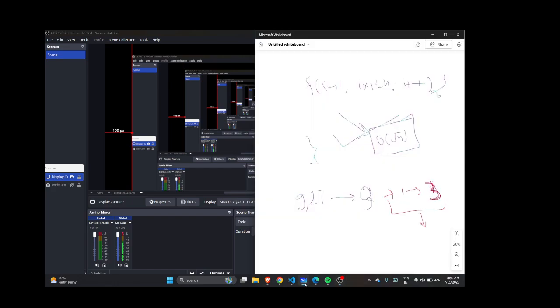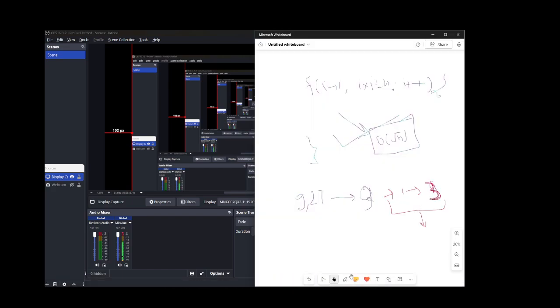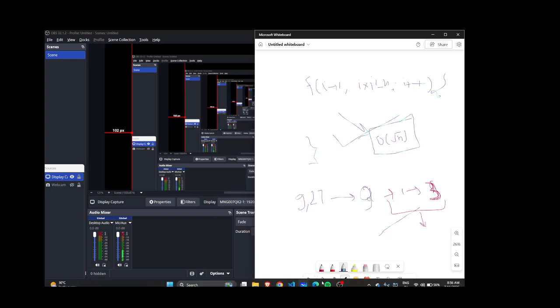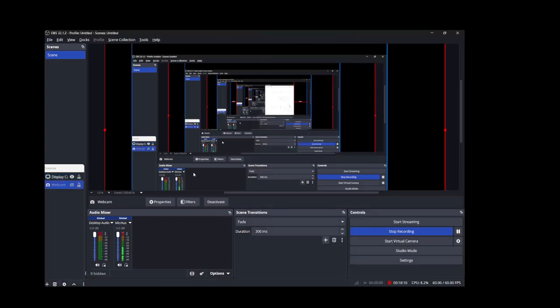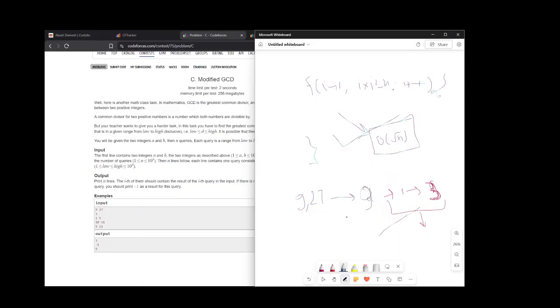So basically, for 1 to 3, we'll calculate this pairwise. So 1, 3 would be ones, and then 2 and 3 won't be possible.